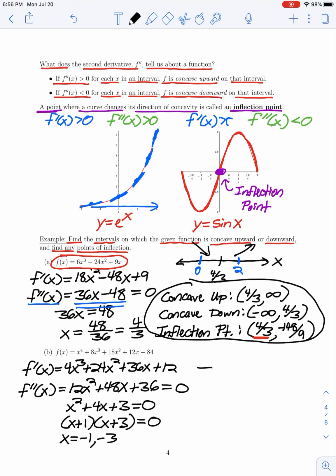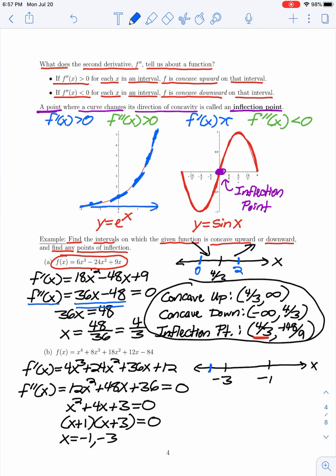So to determine our intervals of concavity, let's think about the domain of this function. For a polynomial, it's all real values of x, and we had x equal to -3 and -1 as the values for which the second derivative was 0. To determine the sign of the second derivative in each of these subintervals, we're going to choose test values for x in each subinterval.